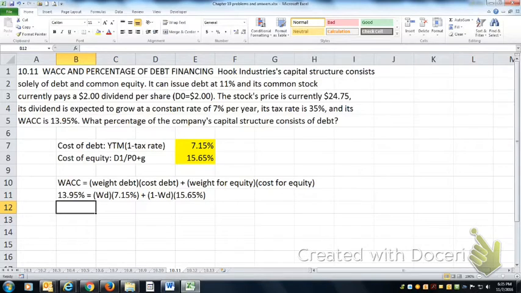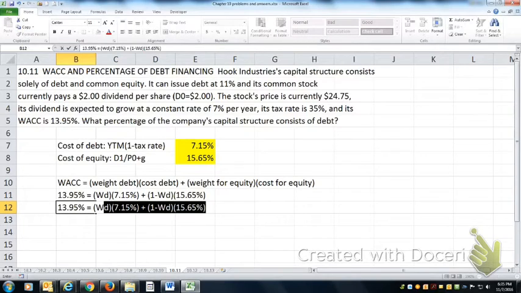Alright, so that'd be 13.95% is equal to WD times 7.15%, and then if I multiply through this second term, the 1 would be 15.65%, and then minus 15.65% WD.